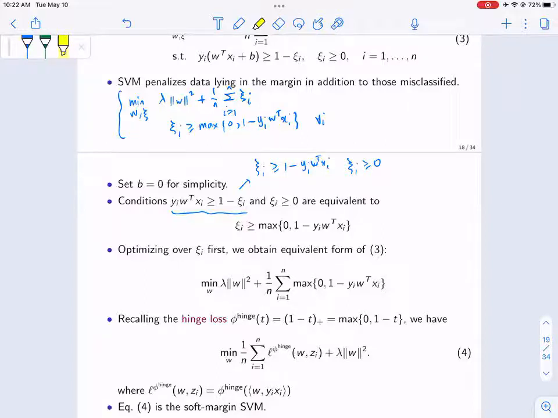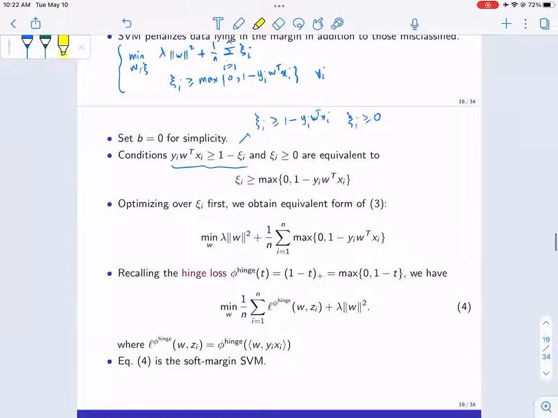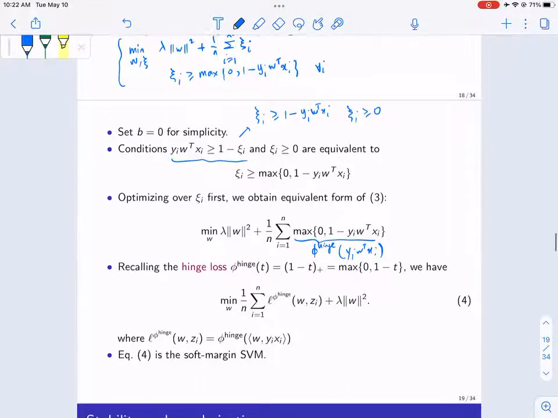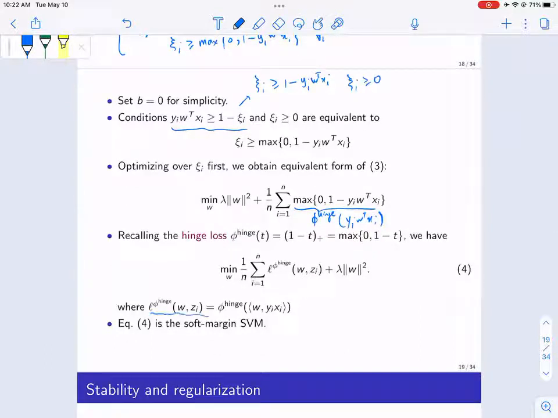And then if you recall this phi hinge, say phi hinge of yi W transpose xi, and using this notation that we introduced, this is basically L phi hinge of W and Zi.